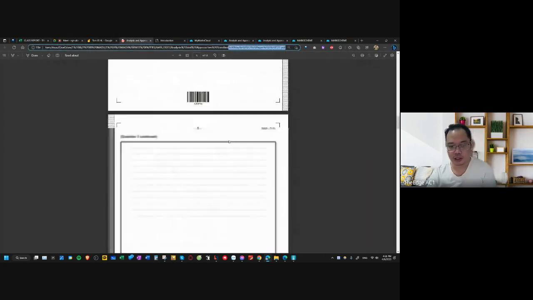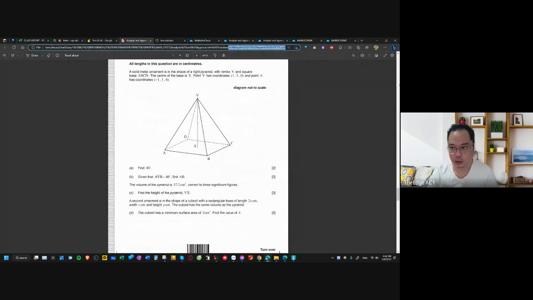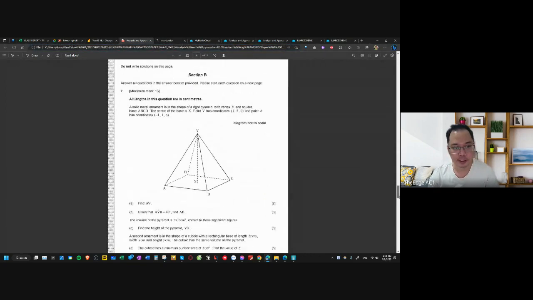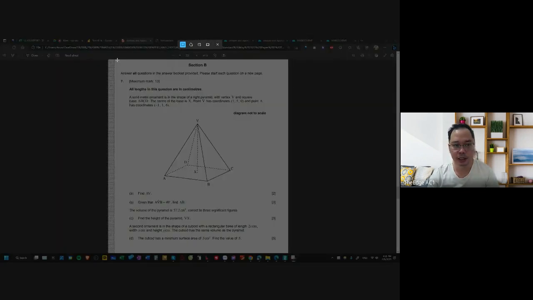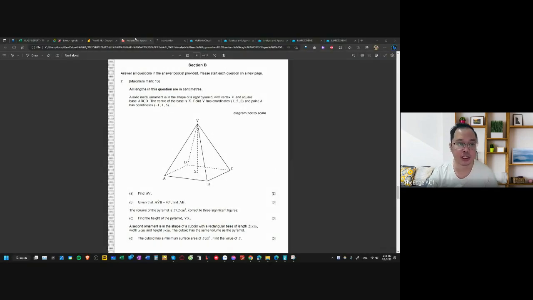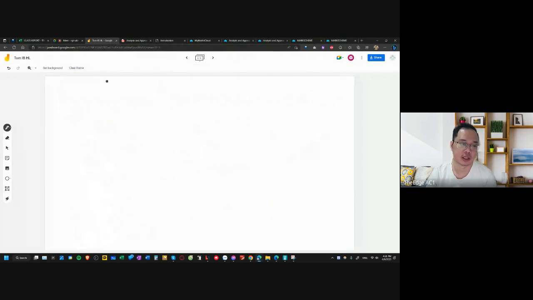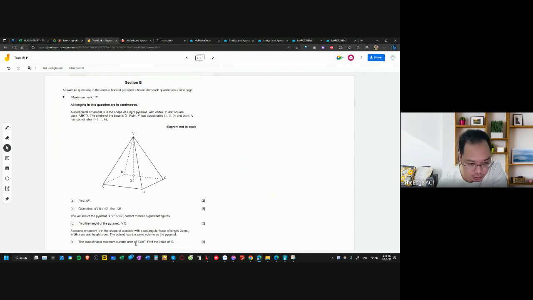Let's see if there is any other geometry problem in here. Here again, another one in section B. Section B is a combined question, a combination of many topics, normally 2 topics. For example, this one, a geometry problem probably combined with minimum surface area.